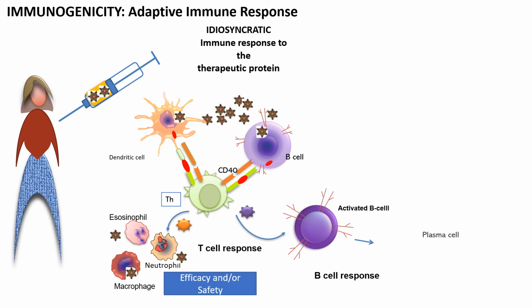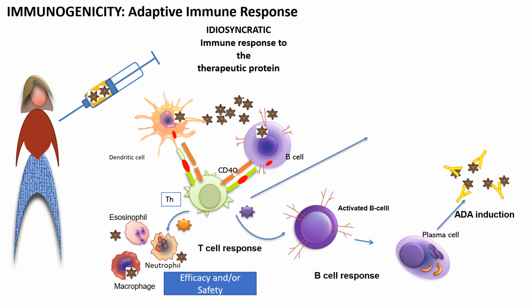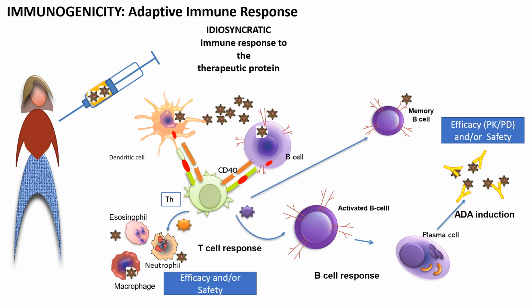On the other hand, we have the B cell response, and this plasma cell will produce anti-drug antibodies. If the individuals create memory to this drug, they will be producing booster responses to the drug. All of these can also have an effect on efficacy and or safety.